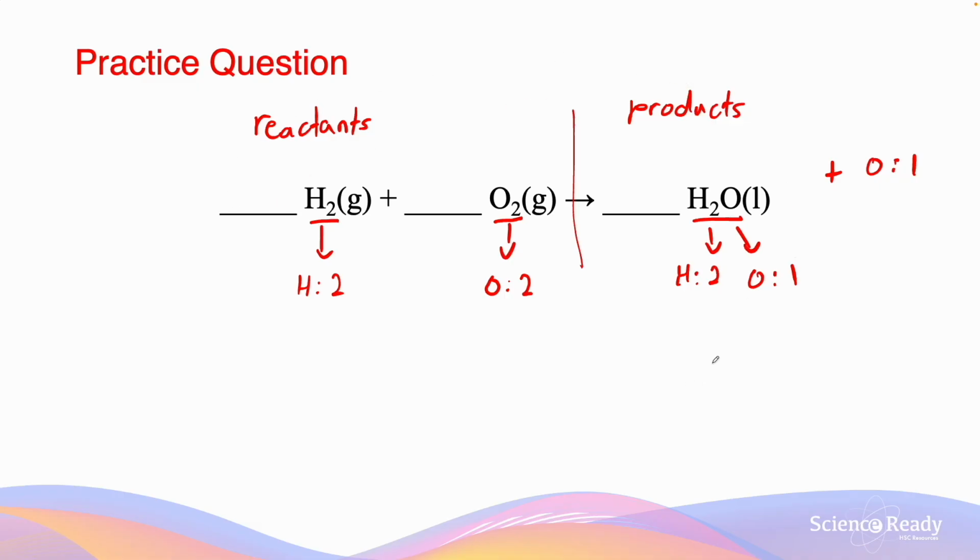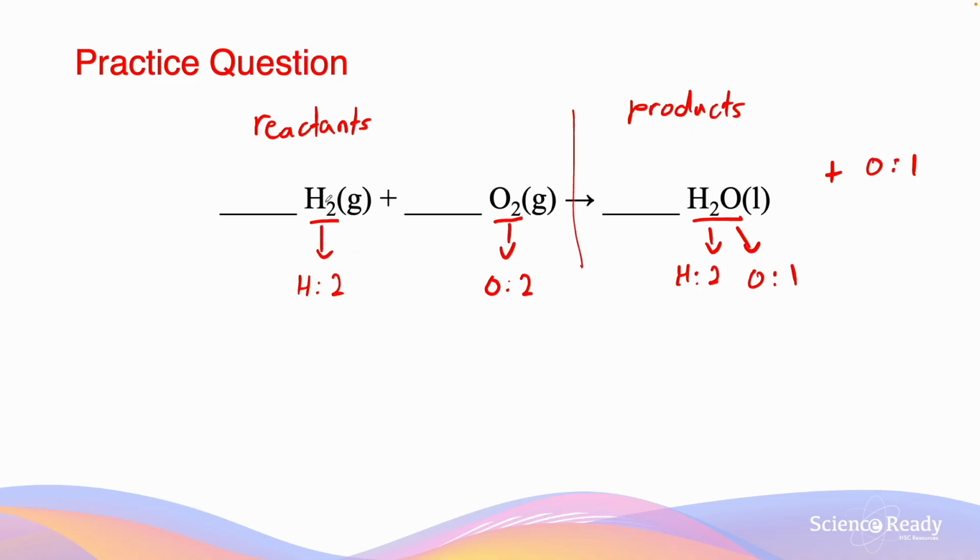So to balance the equation, we need to determine the appropriate ratio of coefficients that we can add into the blank spaces of this equation. First, we should look at the elements which are exclusive to a single reactant and a single product.